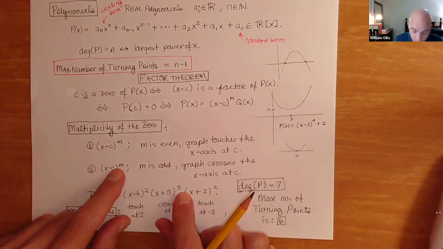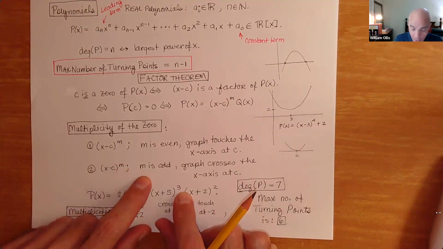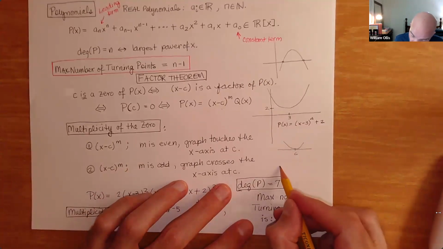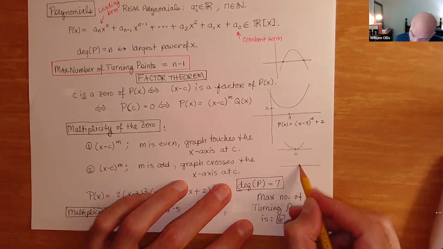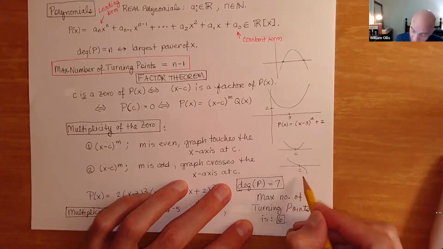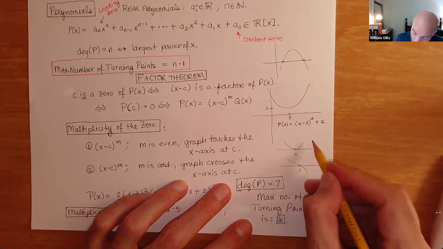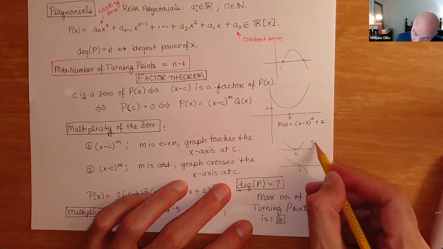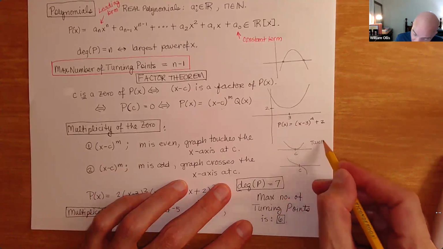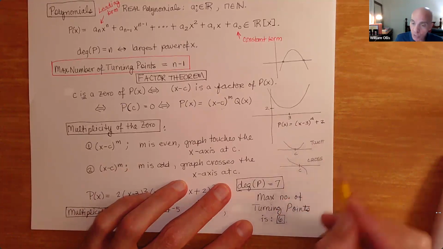Now, if the multiplicity here is odd, say 1 or 3, it will cross. And we've already used this in our inequalities. So this might be an indication, or it could come this way and go into the positive realm. So we say touch for the even multiplicity, we say cross for the odd multiplicity.